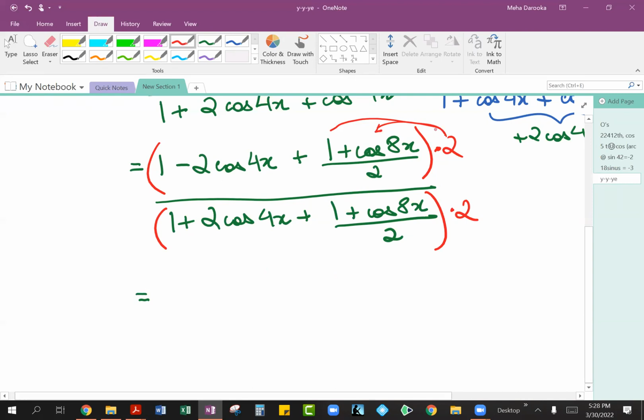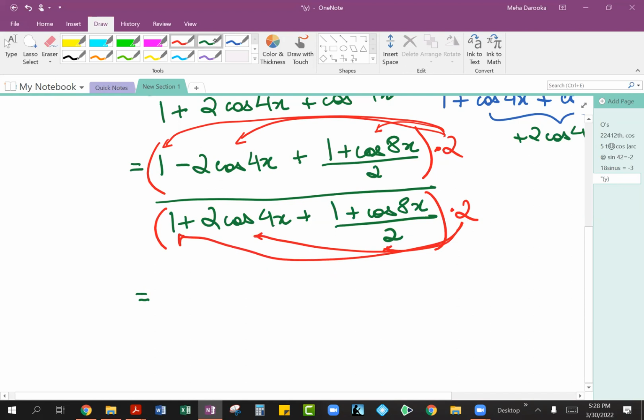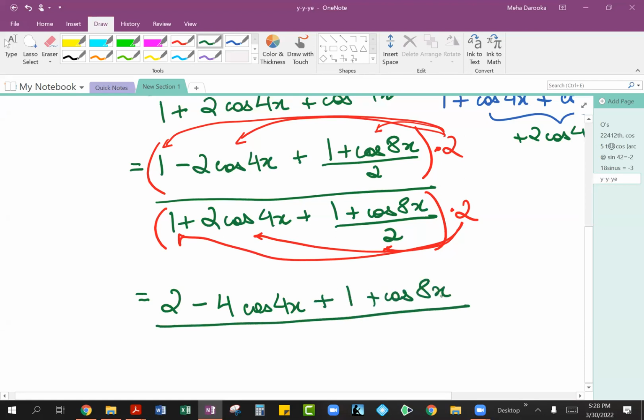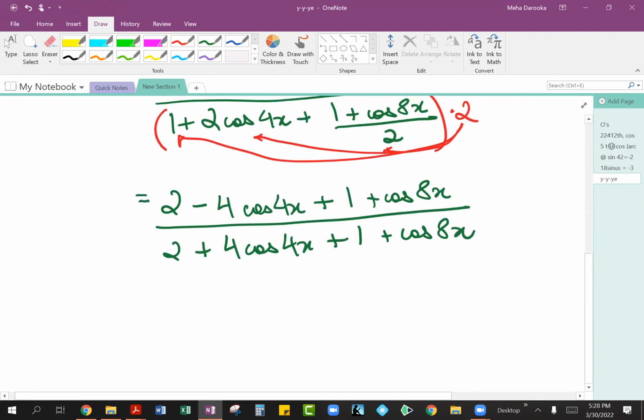Sorry, not that, since that's one single fraction. What will that give us? 2 minus 4 cosine of 4x. And where you have that denominator of 2, that will actually cancel out. So this numerator part will actually stay the same. So 2, 4 cosine of 4x plus 1 plus cosine of 8x.